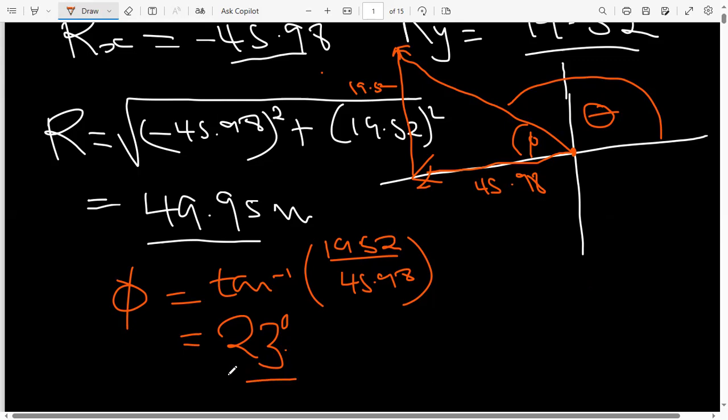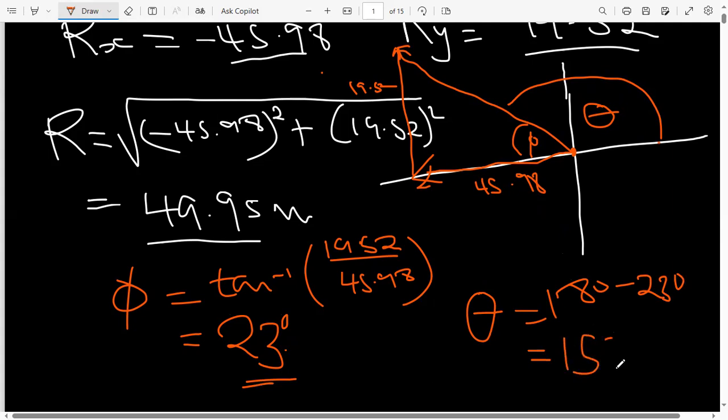So this one here will help us find our angle, which is this theta. So we're going to say theta is equal to, we know that if I start from here and end there, it will just be 180. So 180 minus this angle here, which is 23. So our angle there will be 180 minus 23 to give me 157 degrees.